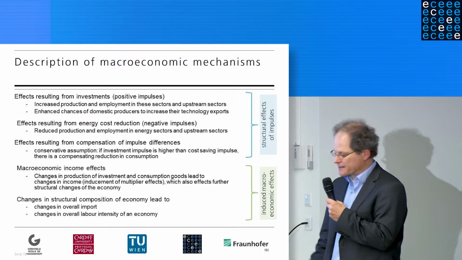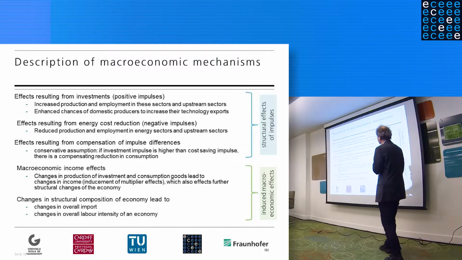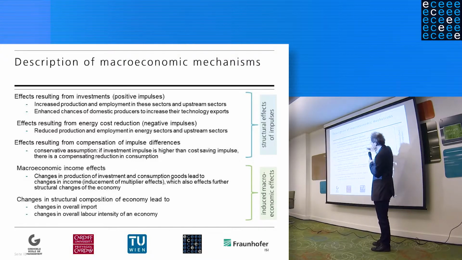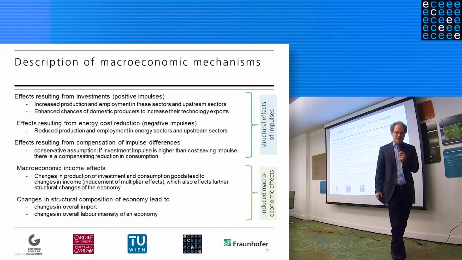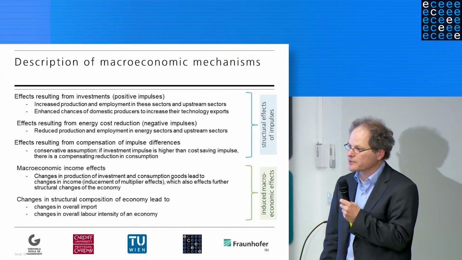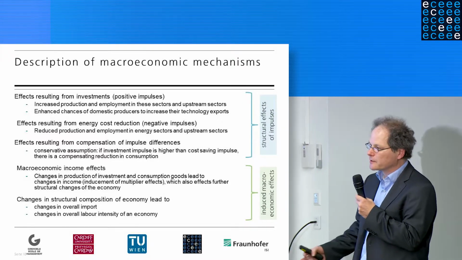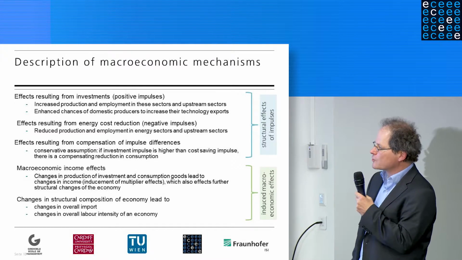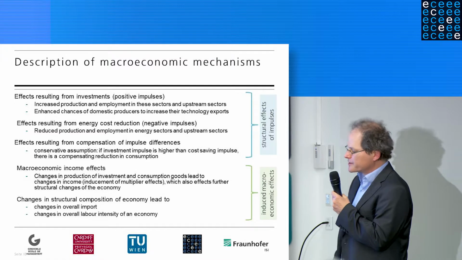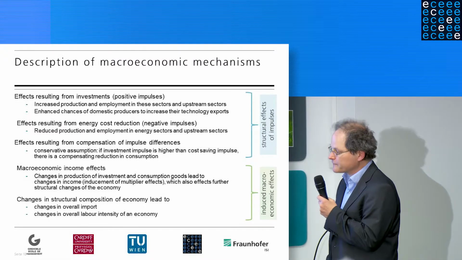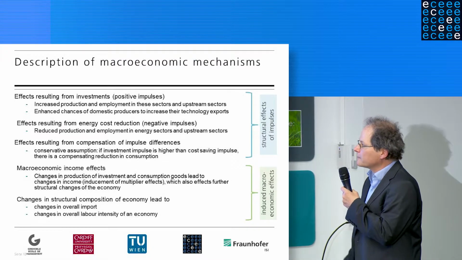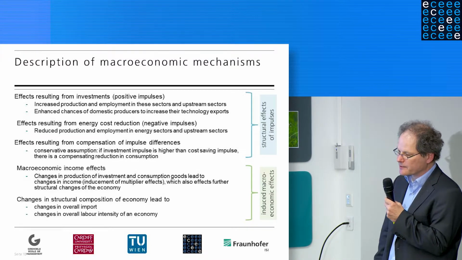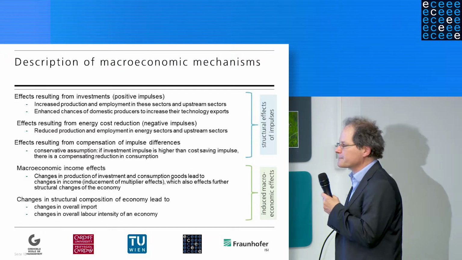Demand for these appliances is increasing, and that means that production and employment in these sectors, but also in the upstream sectors which produce inputs into, for example, producing energy efficient dishwashers, increases. Also, the producers of these technologies upgrade their products, and they have increased chances on the export markets.